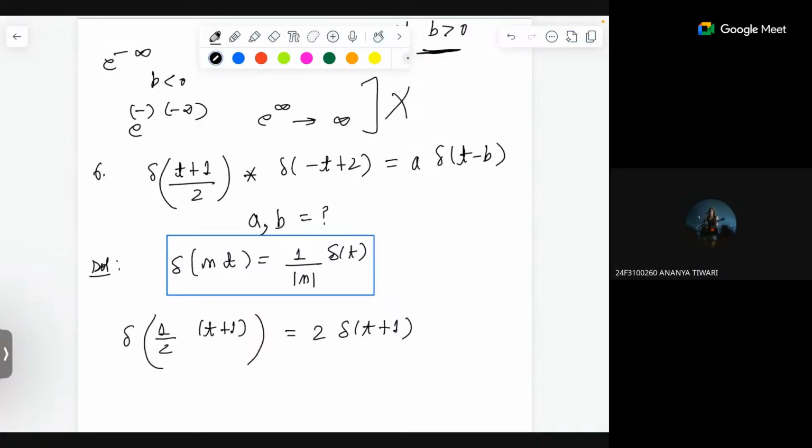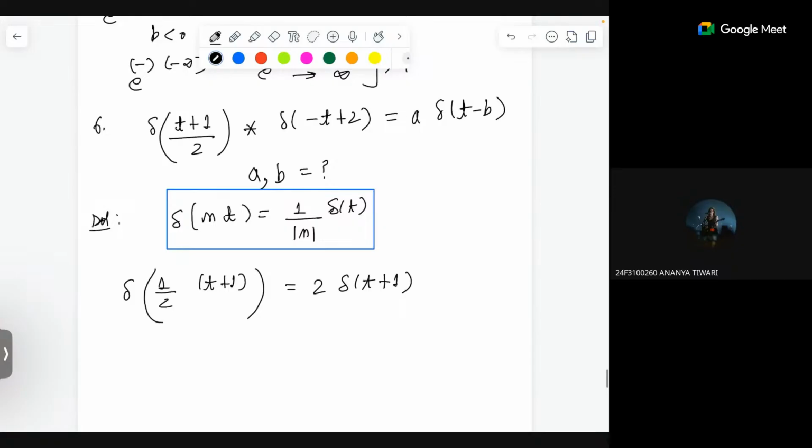This is clear, Ananya, the first one. Now second one, delta of minus t plus 2. I will take minus 1 common here. Now using this property again, it will be delta of t minus 2.